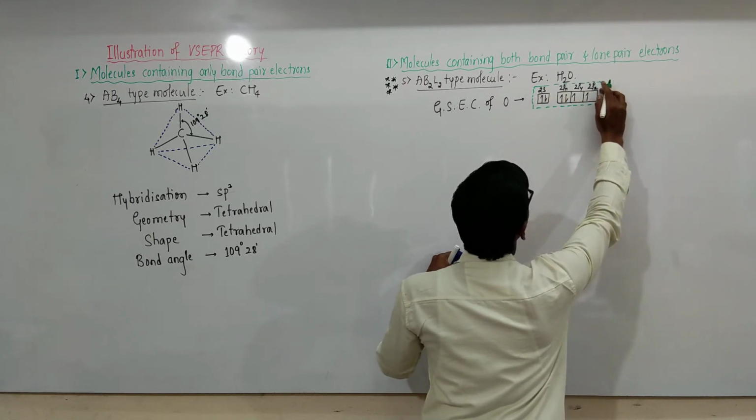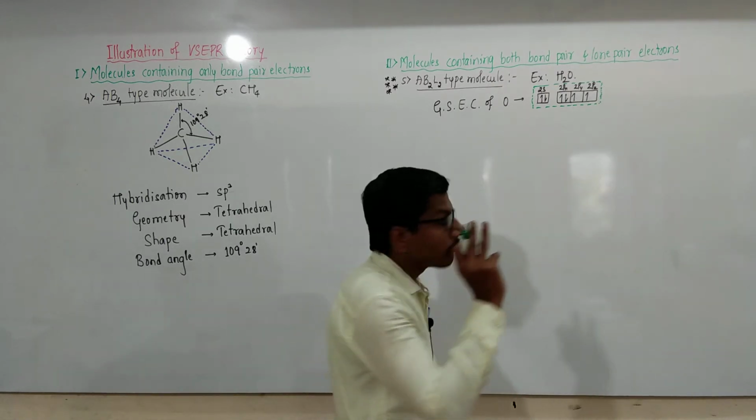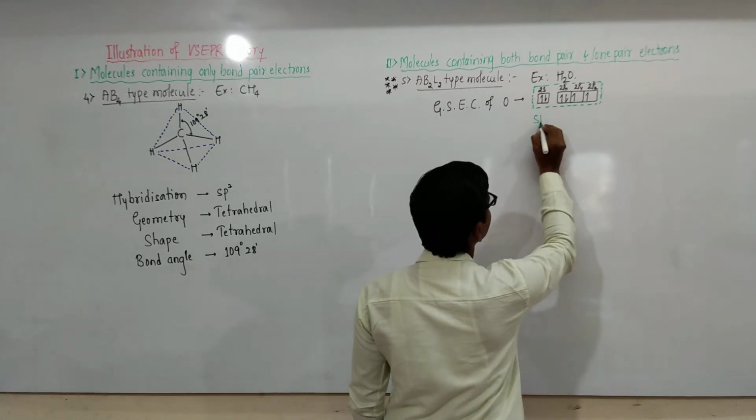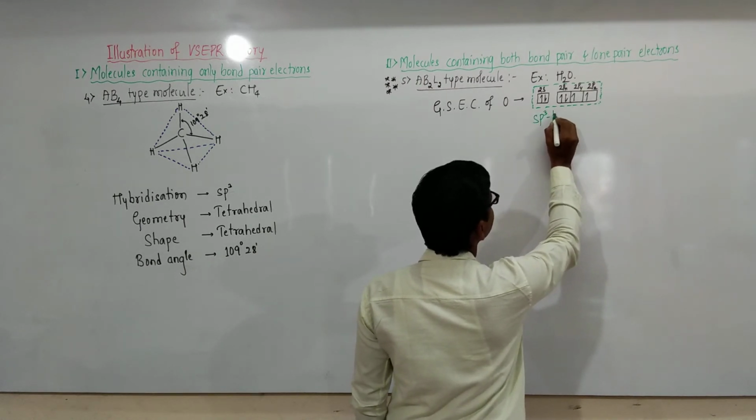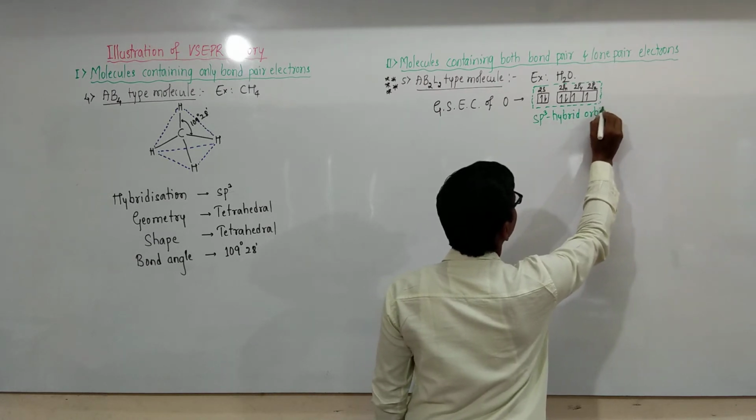This sp3 hybrid state of central oxygen contains 2 lone pairs and 2 bond pairs in sp3 hybrid orbitals.